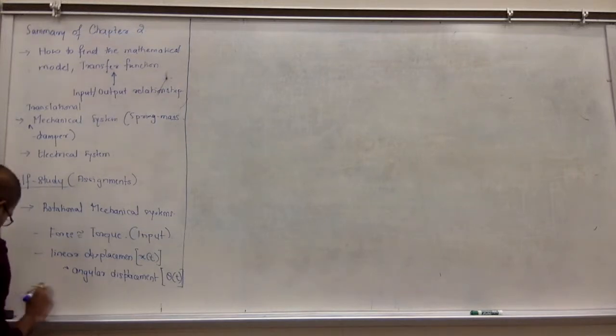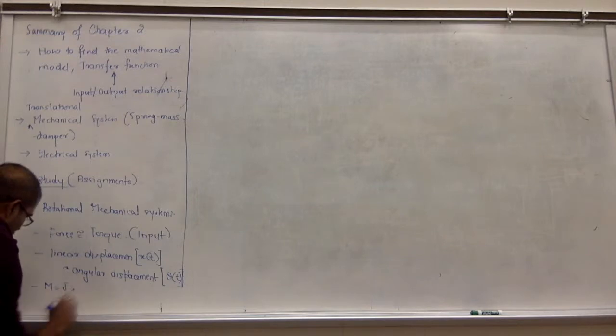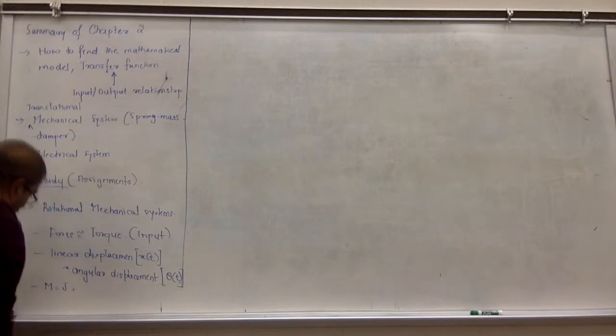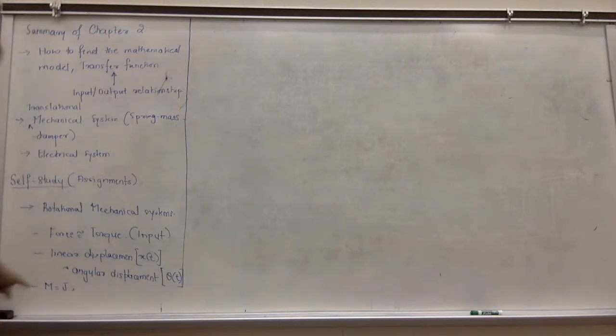And you have m is equal to J. M is mass, J is moment of inertia. When you're dealing with rotational system, moment of inertia becomes very important. You cannot just talk about mass.